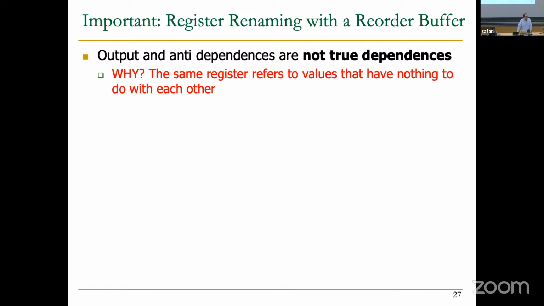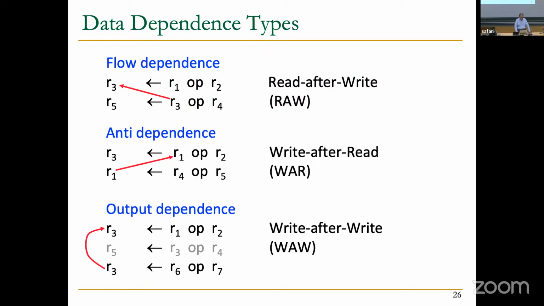Yes. What makes the write after write instruction different to the write after read and read after write? Because there is this gray line in between, and isn't it just a problem that we have a write after read there? So write after write is where you have two writes that you're writing to the same register. And write after read is where you're writing to a register that you read from in the past, or you should have read.